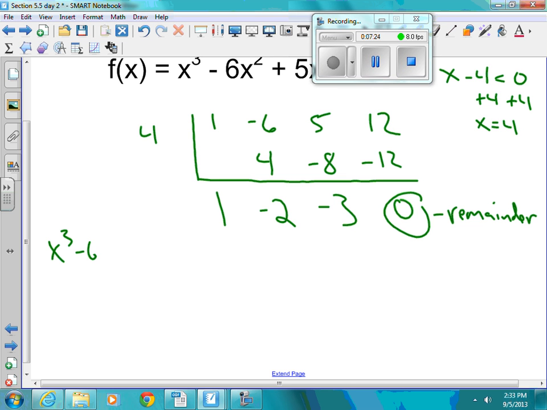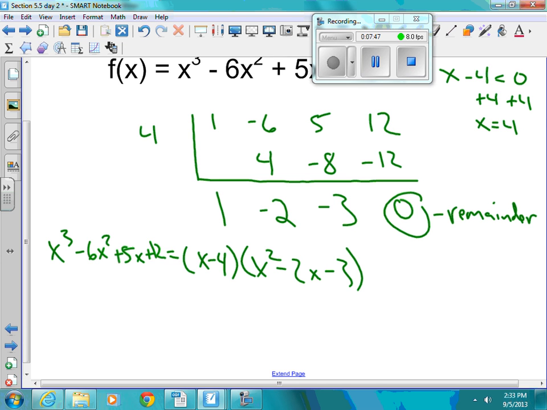X cubed minus 6x squared plus 5x plus 12 now equals x minus 4 times x squared minus 2x minus 3, which is also a factor of the polynomial. By knowing that x minus 4 is a factor, it allowed us to use synthetic division, or long division if you wanted, to get the polynomial x squared minus 2x minus 3.